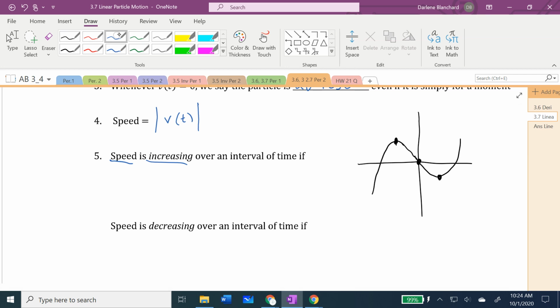And I want to point out to you that over this time interval, I have a negative acceleration. After that, I have a positive acceleration.